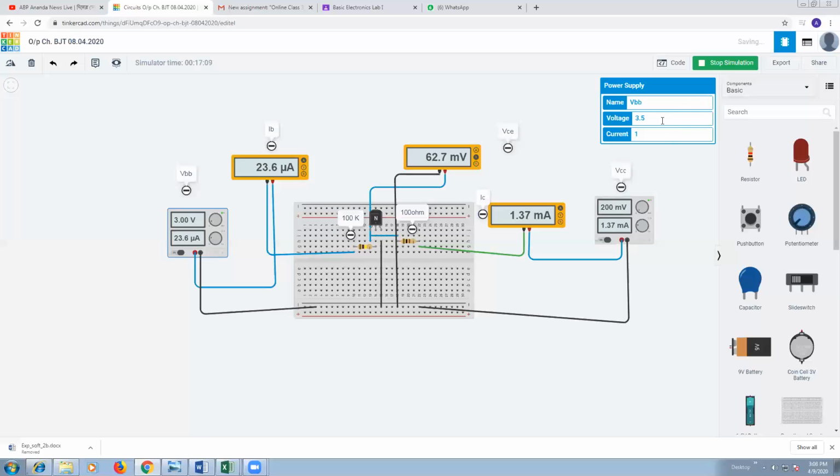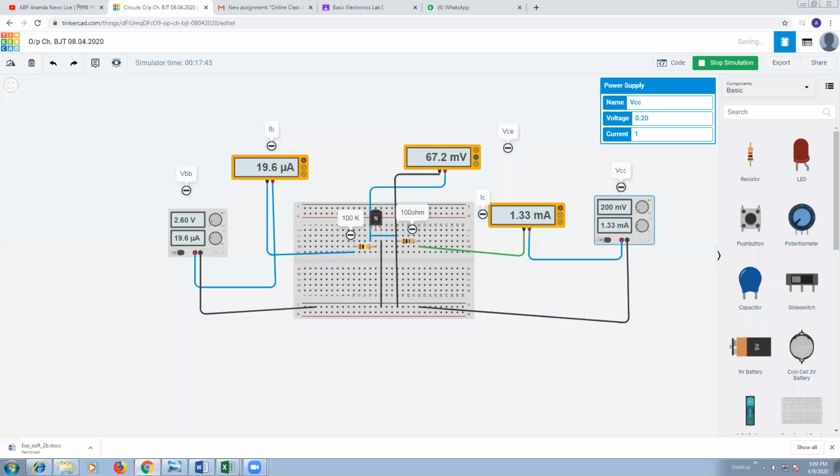By keeping VBB 3.5, we can see here IB is 29.6 microampere, so it is also acceptable. Then in a similar manner, we vary the VCC with a difference of 0.2 until the saturation IC has come. In a similar manner, take the third set of readings by keeping IB 40 microampere.